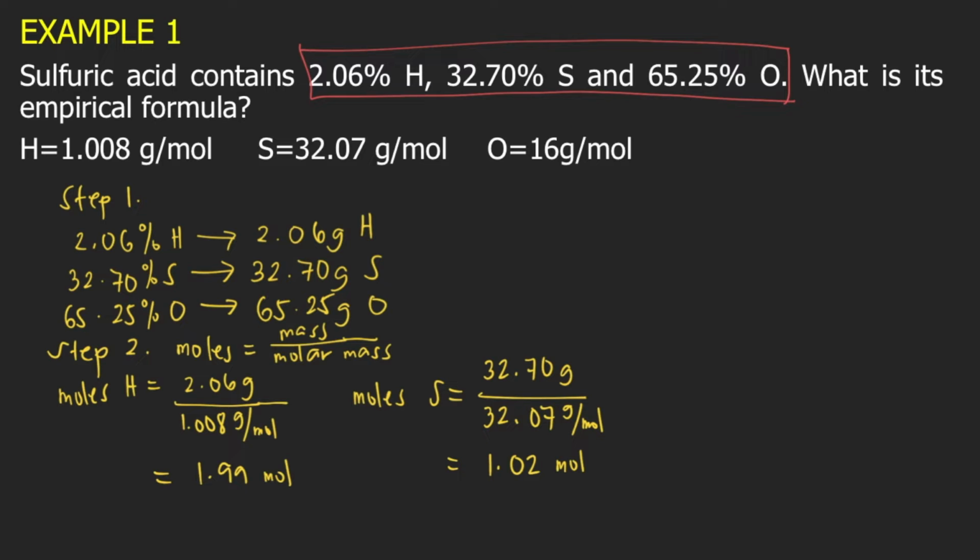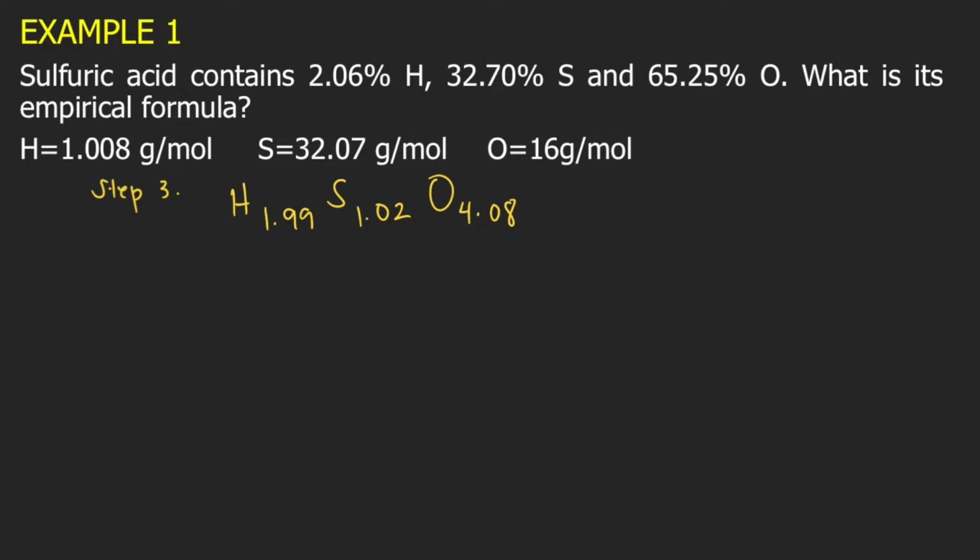And lastly, we have oxygen. The mass is 65.25 grams divided by the molar mass of oxygen, 16 grams per mole, and if you solve this, it will be equal to 4.08 moles of oxygen.